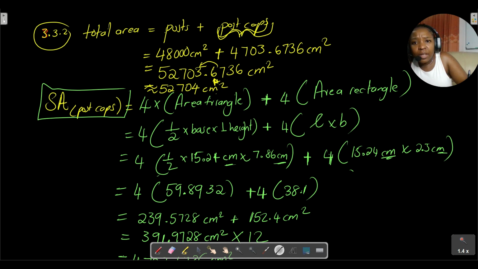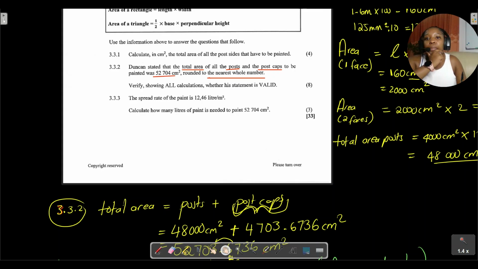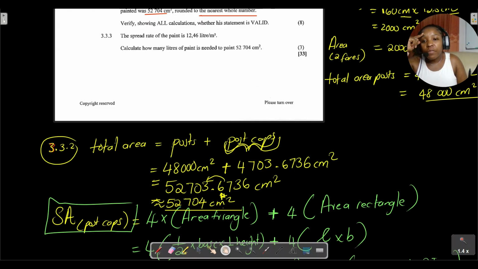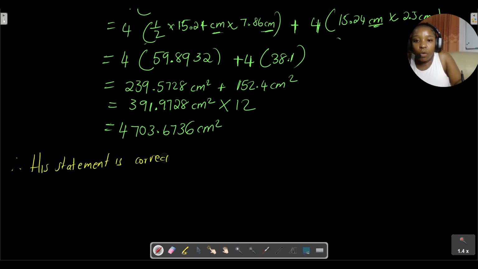We can confirm that Duncan's statement was correct. We actually are going to be painting 52,704 centimeters squared. Okay, good stuff. So you just need to confirm and say that, therefore, his statement is correct or valid.